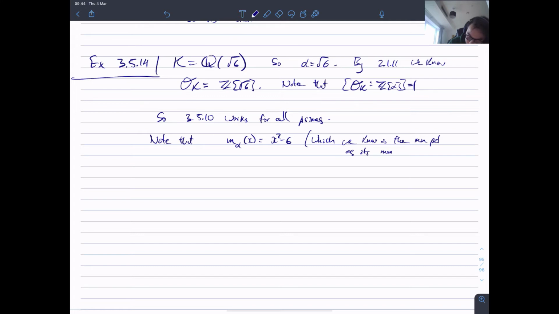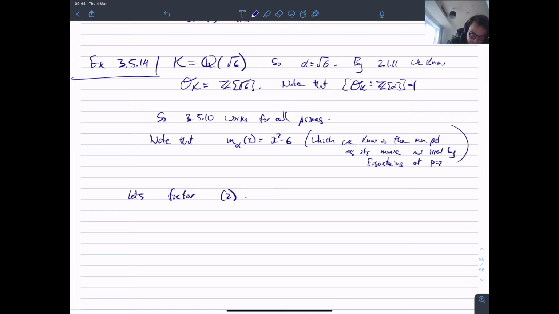I'll just say this again to highlight the point: it's monic and irreducible by Eisenstein at either p equals 2 or p equals 3, whichever of the two you would prefer. So we know that this is the minimal polynomial. So what the theorem tells me is I just need to understand, let's factor the ideal generated by 2.